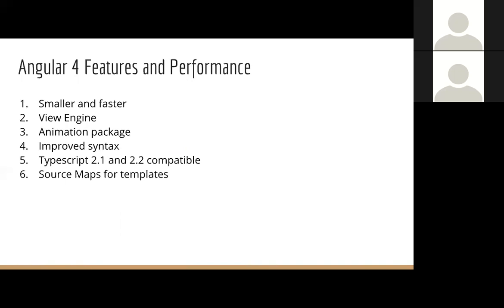Now Angular 4 features and performance. There's a misconception people have about Angular 2 and Angular 4. They seem to think that Angular 4 is way different than Angular 2, but that's not the case. Basically, they adopted a versioning technique with progressive version changes.